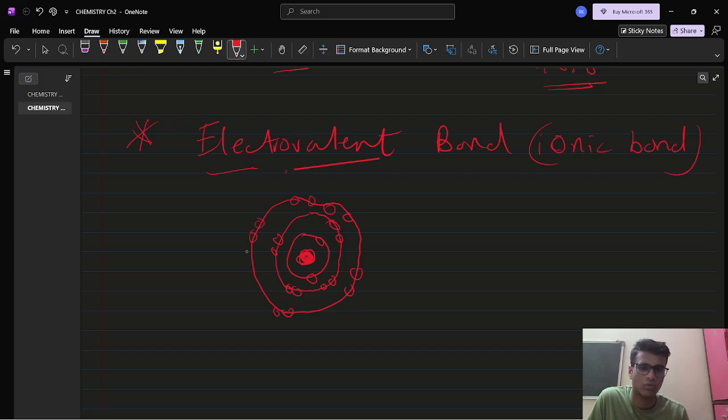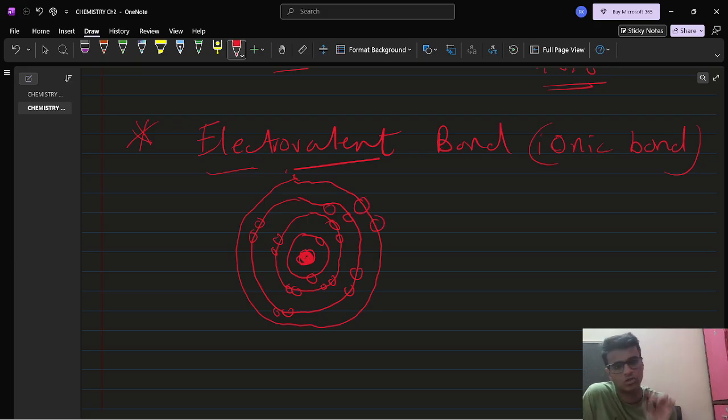No, 1 2 3 4, 1 2 3 4 5. Sorry. This is not neat, I know, but anyways, you don't have these drawings now. You have dot structures where you just have to draw dots. It's fine, I'll do that also. Okay, so this is calcium, 2 8 8 2. Calcium atom, not ion, atom.